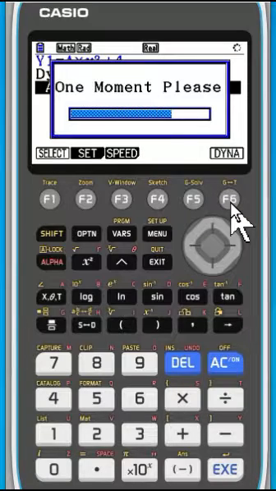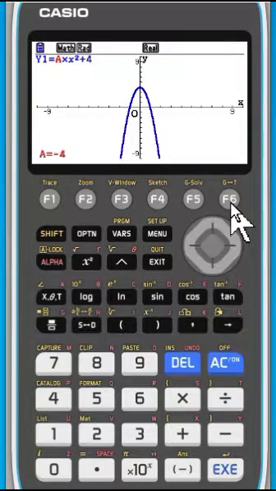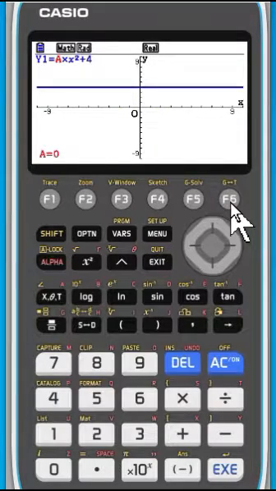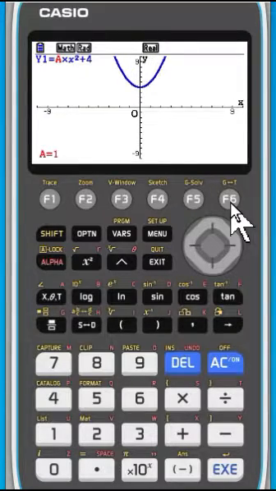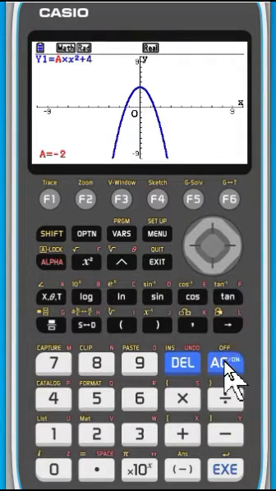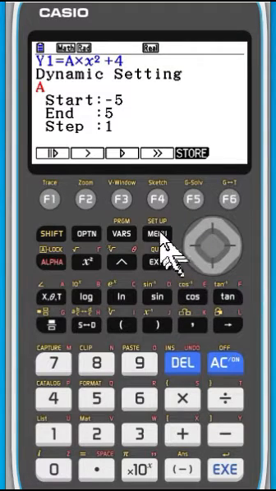Now what is going to happen, you see, when a is negative 5, negative 4, negative 3, negative 2, it is downward parabola, and when a is greater than 0, it becomes upward parabola. Something very interesting to see, when a becomes 0, it becomes a straight line equation. So those things can easily be understood and explained using dynamic graphing. Okay, let's hit AC to stop it, and let's hit menu.